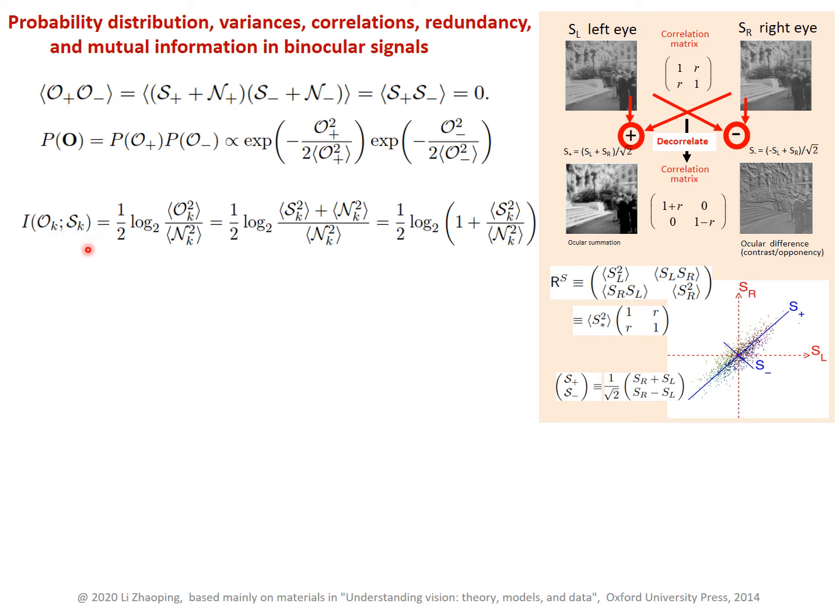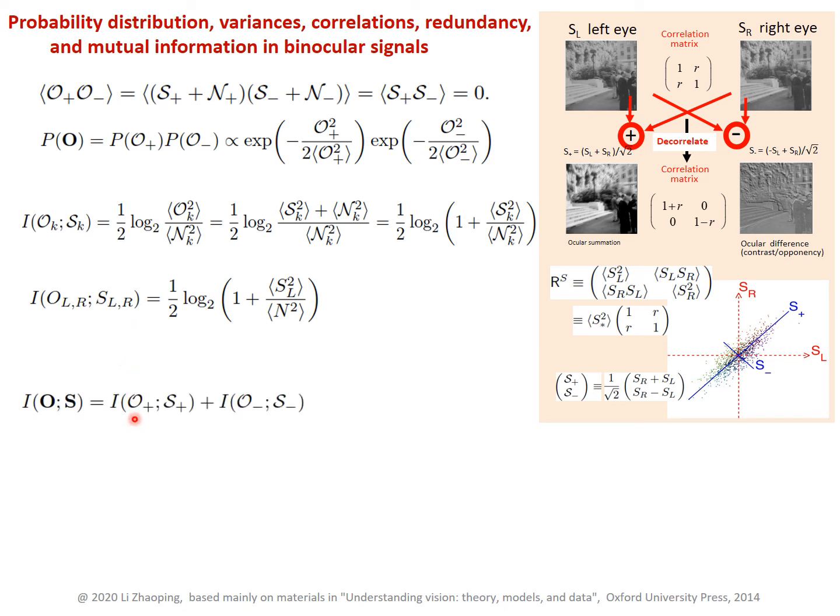And we have a similar form of mutual information between OL and SL, OR and SR, as long as O is always equal to the signal S plus noise N. Now, because O plus and O minus are not correlated, there's no redundancy in terms of the information carried in them. So the total mutual information between the vector S and the vector O is simply the summation of the mutual information in the plus component and the minus component.